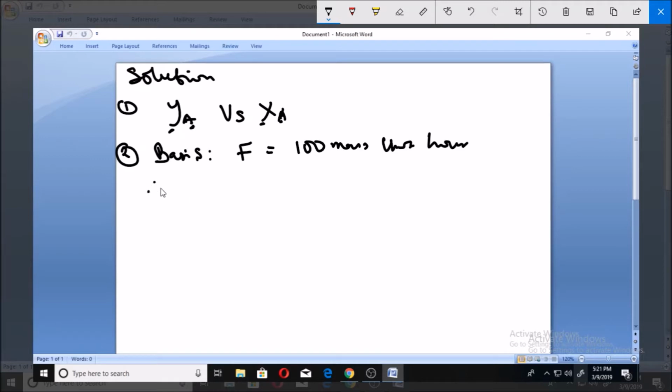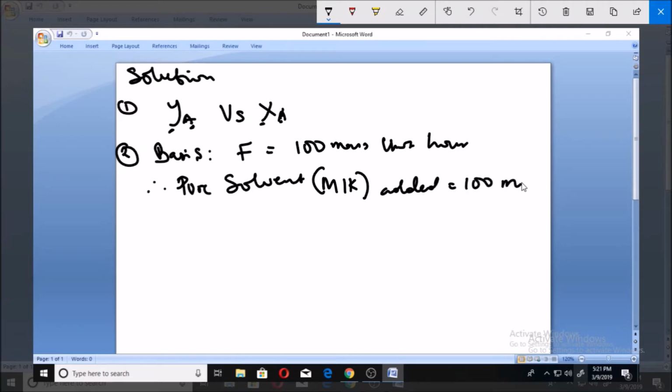Because it's pure solvent, the solvent, which is MIK, methyl isobutyl ketone, added will also be equal to 100 mass units per hour.